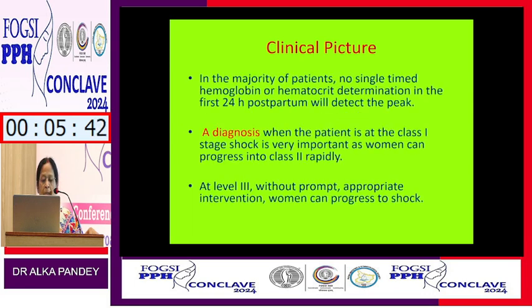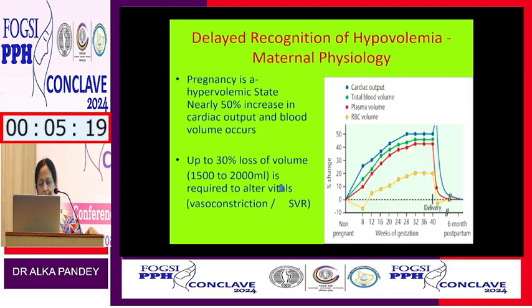In the majority of patients, no single timed hemoglobin or hematocrit determination in the first 24 hours postpartum will detect the peak. A diagnosis when the patient is at class 1 shock is very important, as women can progress into class 2 rapidly, and at class 3, without prompt appropriate intervention, women can progress to shock.